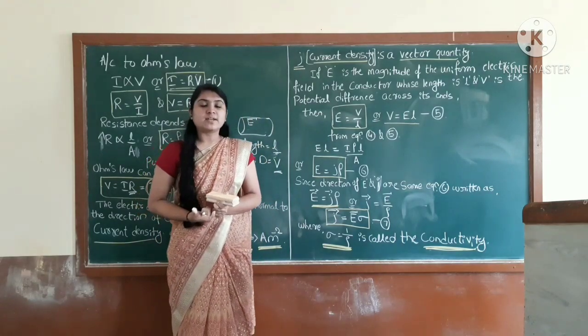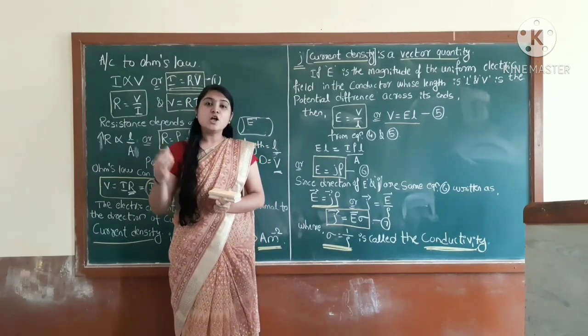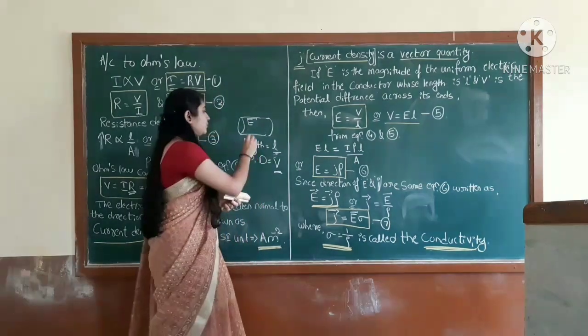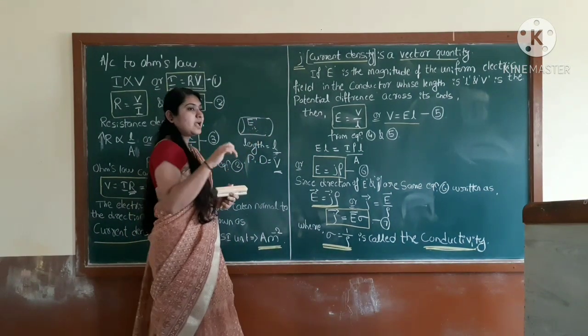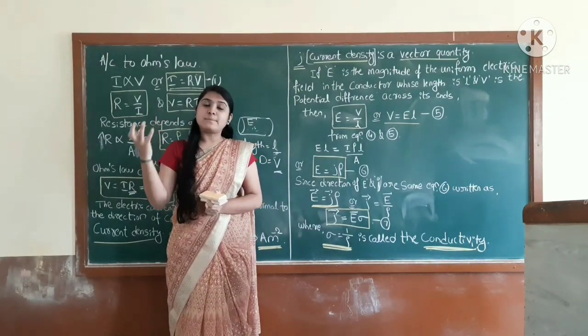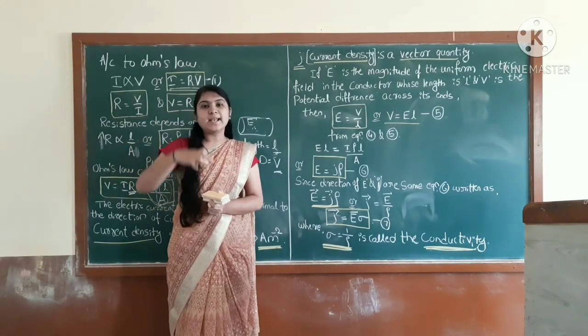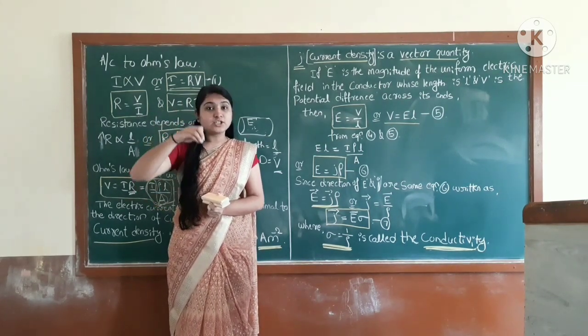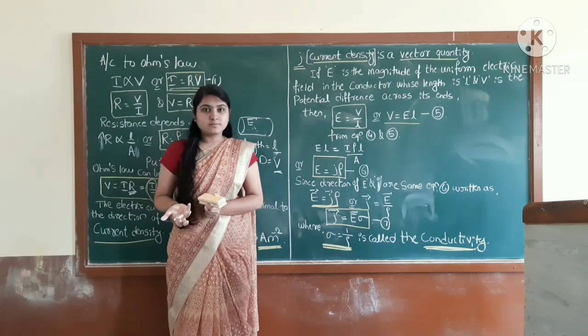Of course, we know that electric field is nothing but the force on a unit charge, right? So just assume an electron is present. Each electron is surrounded by a particular field that applies a force on the electron. Potential difference is work done, right?